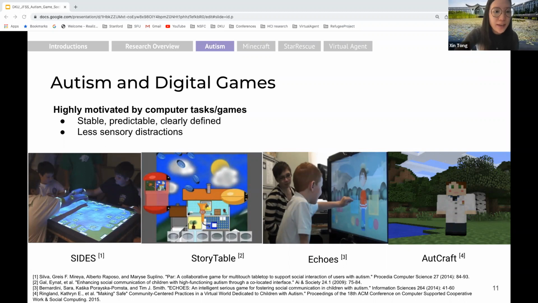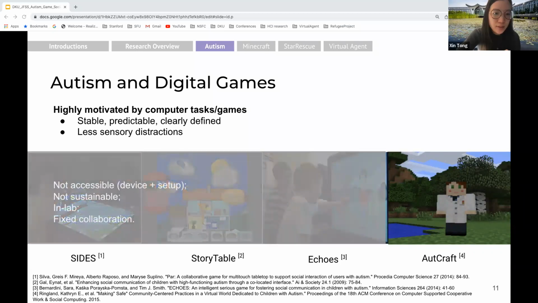First, games and computer tasks are more stable, predictable, and clearly defined compared to real life chaos. And second, those tasks and games are less sensory distracting compared to real life, where they receive multi-sensory input. Here I put some examples of games that have been tested and developed.